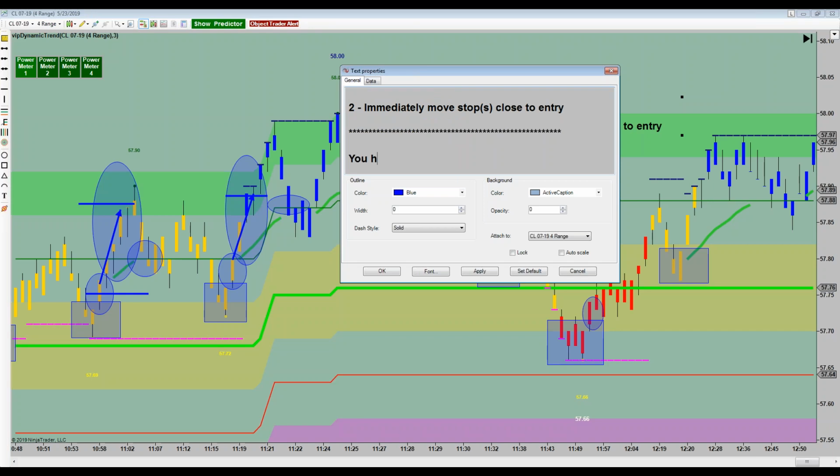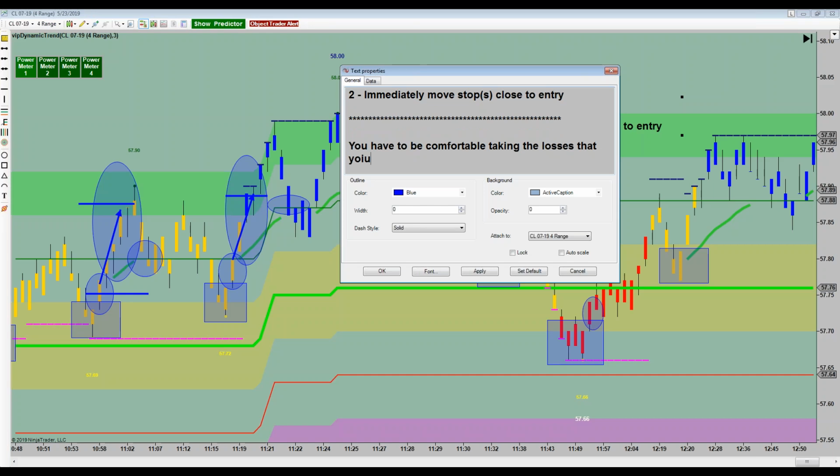You have to be comfortable taking not only losses, but taking the losses that your chosen futures instrument will give you. Now, what am I talking about?